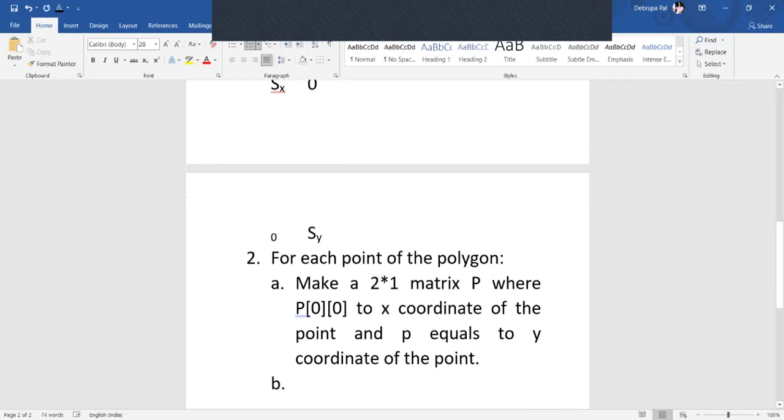Now what we need to do is multiply the scaling matrix with the P matrix.